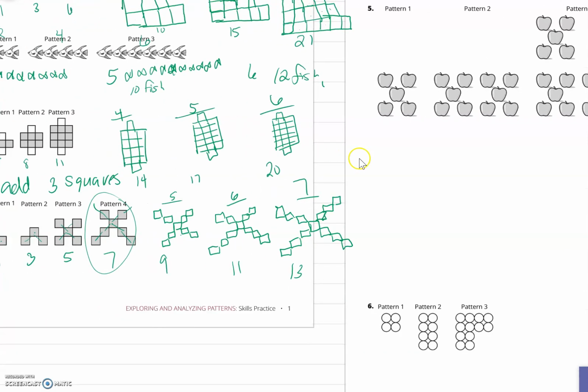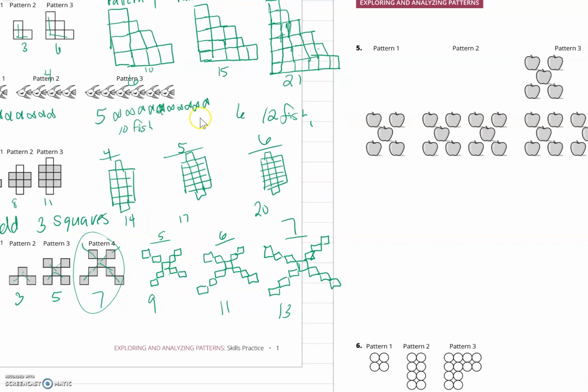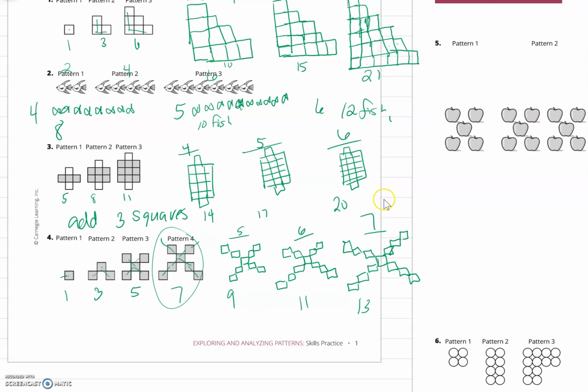And like I did on mine, I would like for you to count how many items you have in each, and maybe add a little rule. So I only did that on number 3, but on number 4, my rule would have been add 2. You could set alternate bottom to top, maybe.